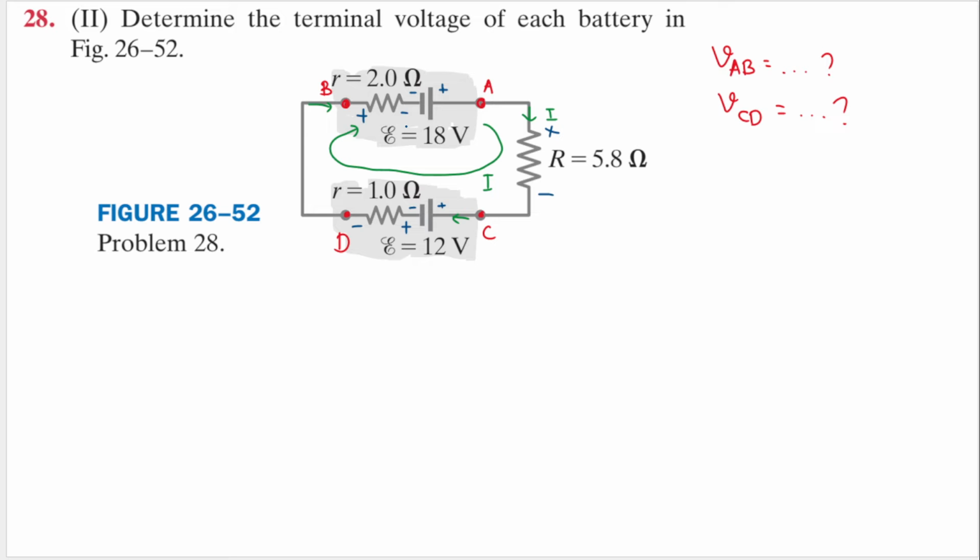Okay, so now we have labeled the loop current, the branch current, and the polarity of the components.